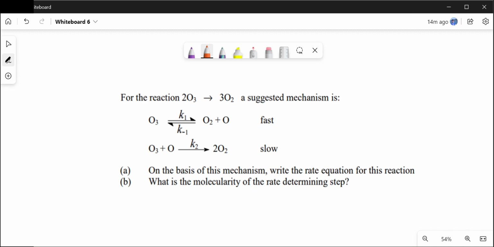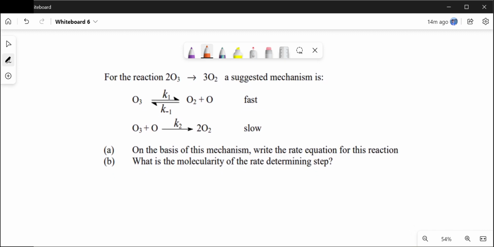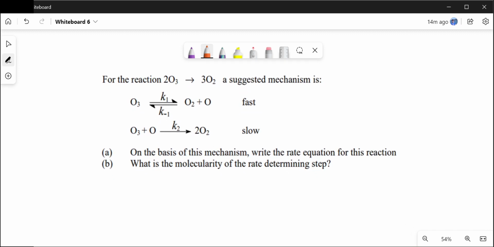So we do have some work to do, because when I go to start writing my rate expression, it is going to be something like V equals, and remember my rate expression is going to depend on my slow reaction.